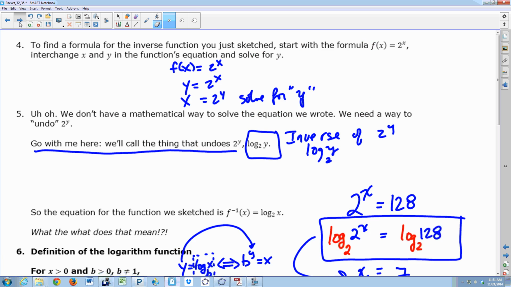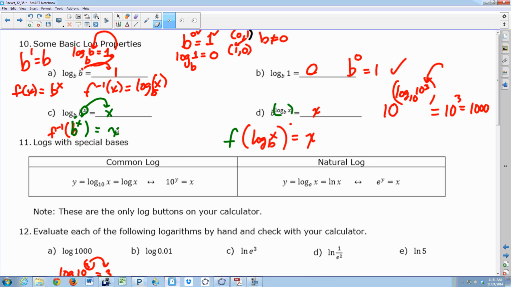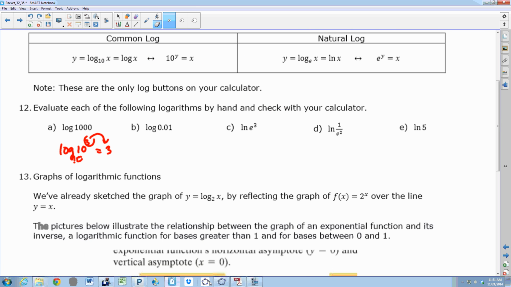So if we're asking for the log of 1/100th, that's clearly between 0 and 1 in the domain. The output is below the x-axis. It has to be a negative number.